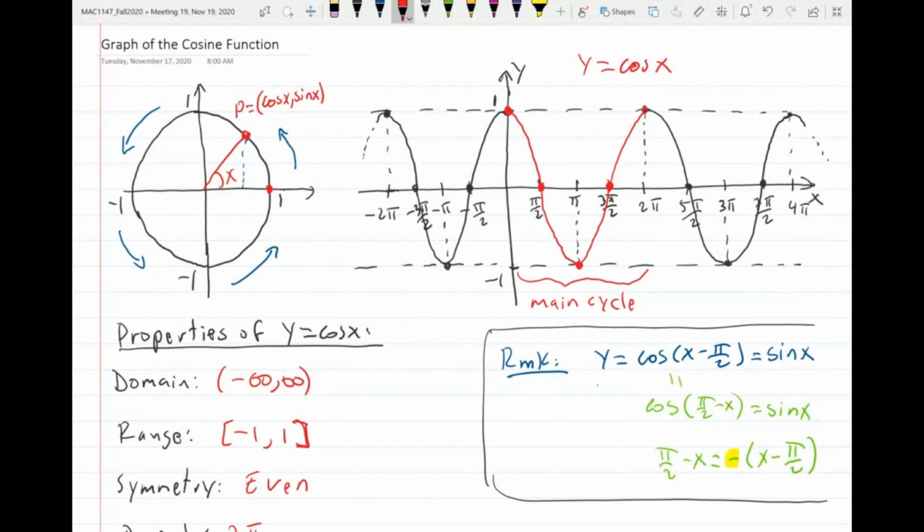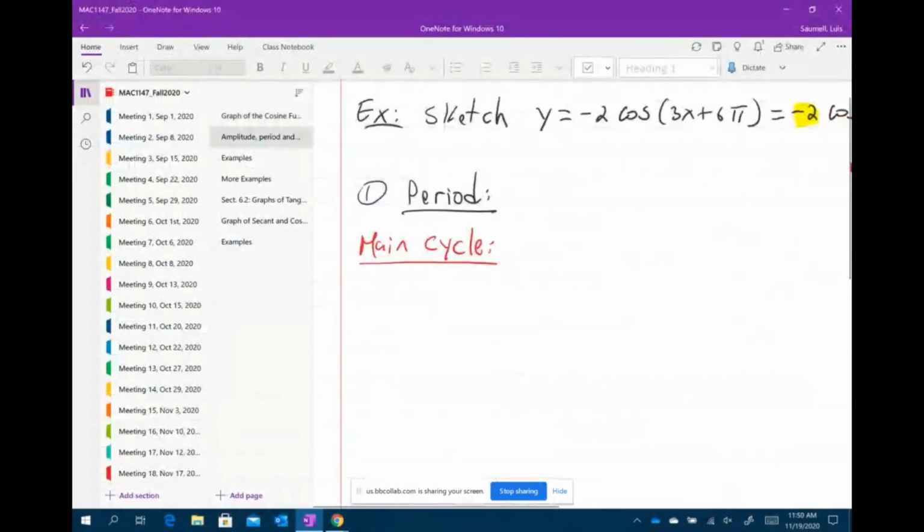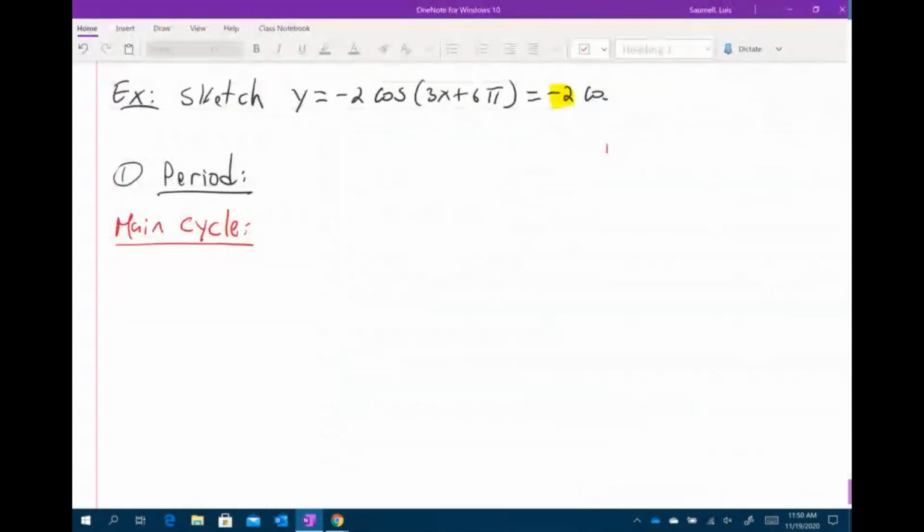Okay, so we know that we are moving it to the left by 2 pi, and we are also doing some sort of compression horizontally. So after we do those transformations, where will that red cycle end up on the x-axis? This is what I'm trying to figure out right now.